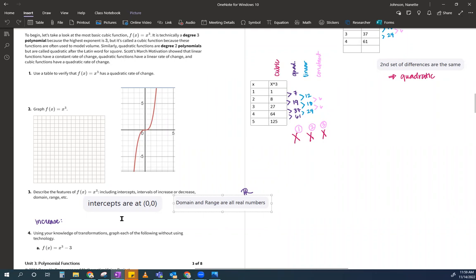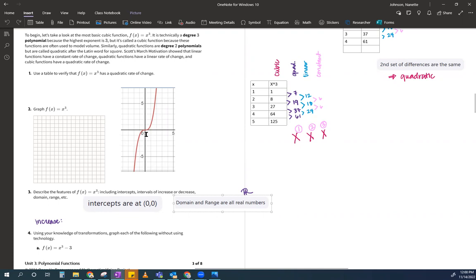From what to what? So where is the function going up? Think up. Is it increasing from left to right?